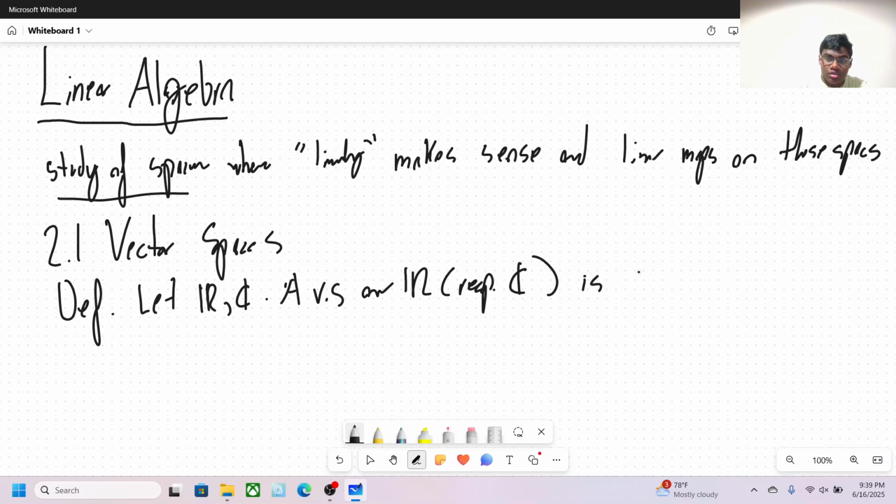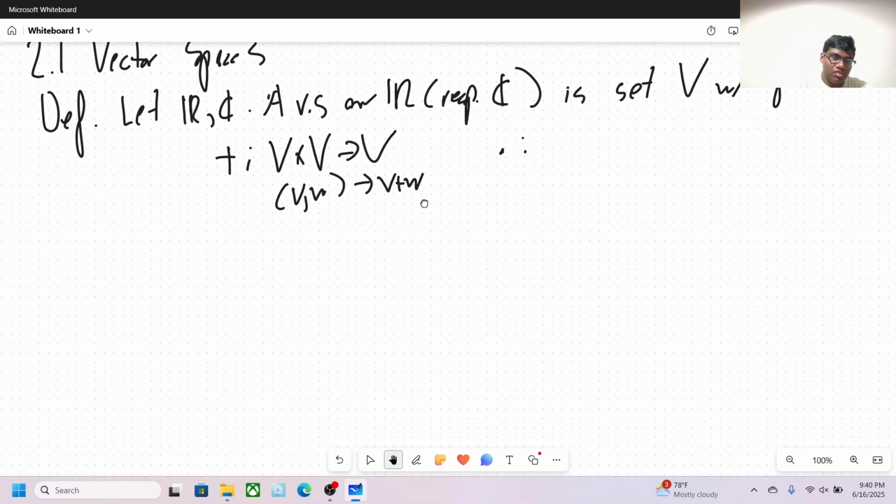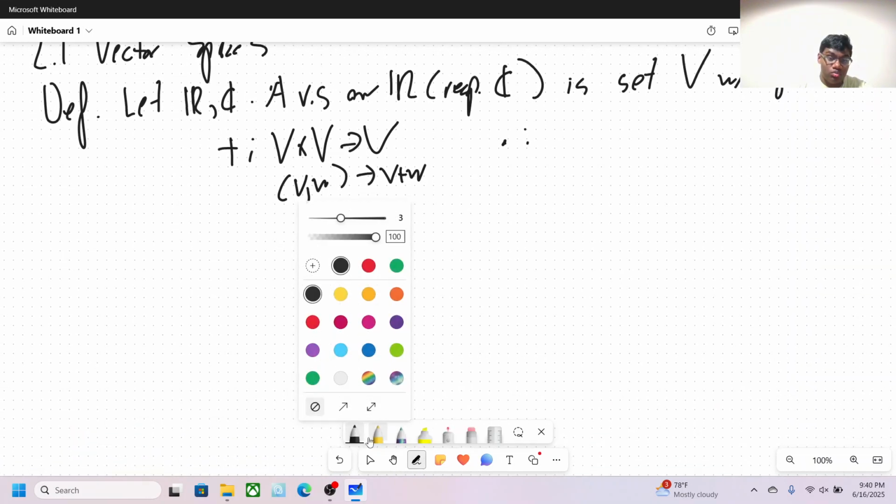is a set V with operations. We're going to have an addition operation, V cross V to V, sending (V, W) to V plus W, and a multiplication operation. The addition operation looks very similar to the addition you see on the sets. This multiplication will not.